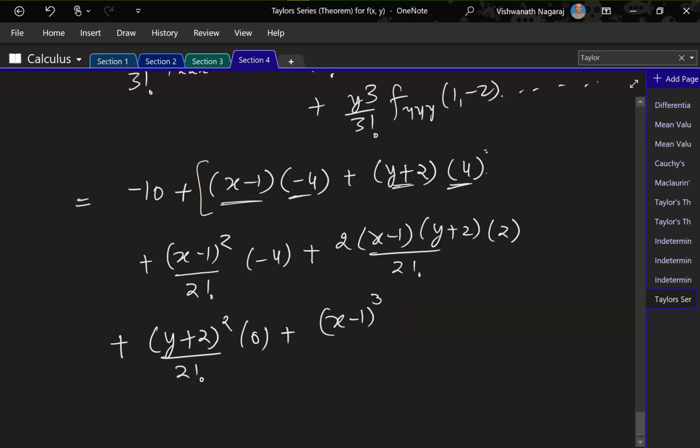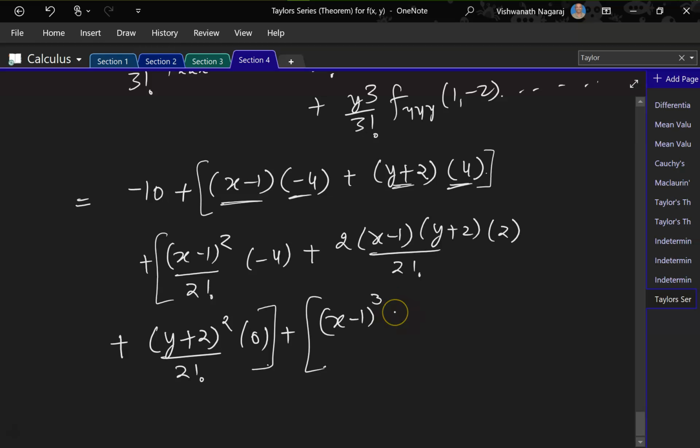Remember, this is together and this is together, so that you can see that the exponent of this keeps decreasing, and here again we start afresh. So you could look at it as a plus b the whole square and this as a plus b the whole cube.